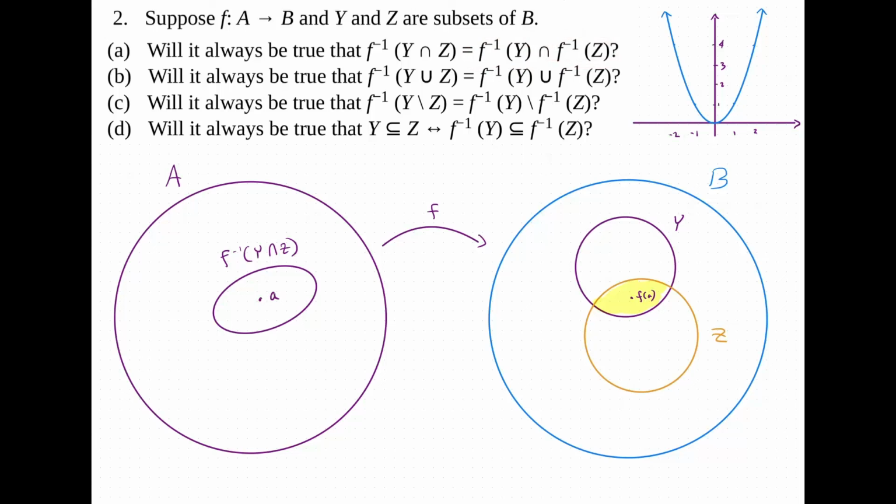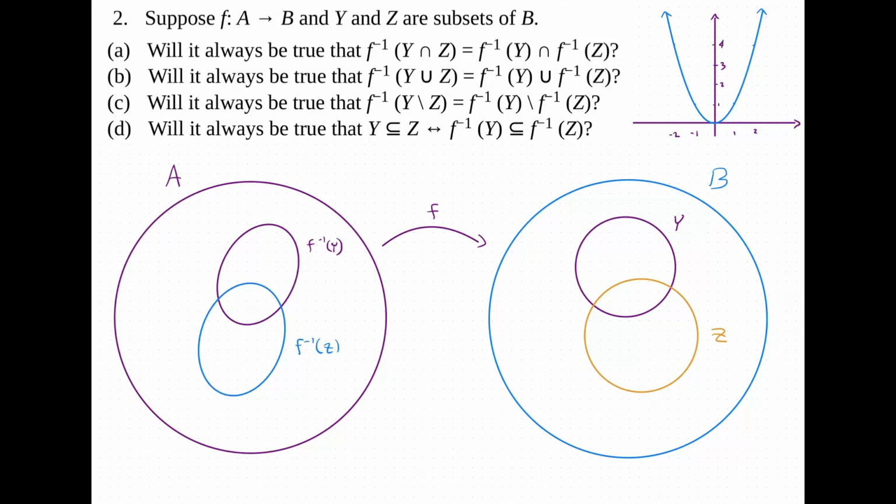And a similar argument works for unions. If we chose some element in the union, and so we can choose now our A to be in here, that will tell us that f of A, because now A is inside, in this picture, inside f inverse of y, f of A has to be in y.